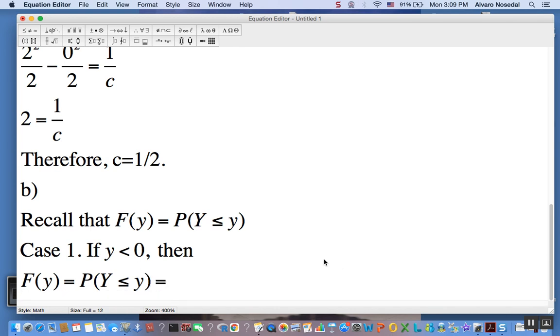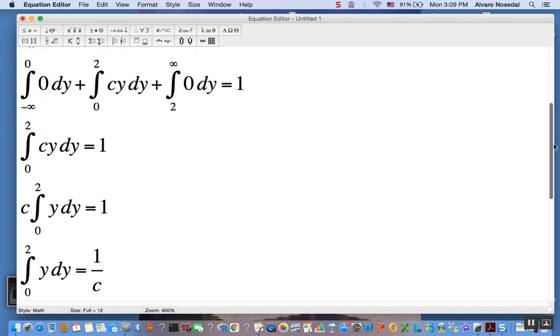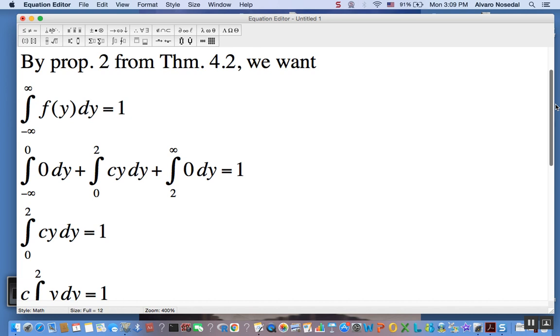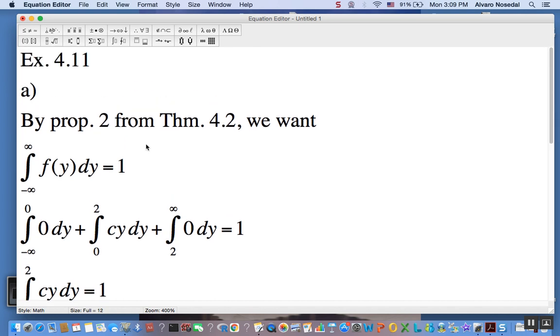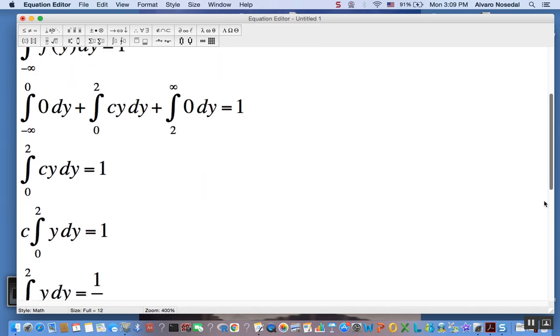But then we use the definition of the PDF, right?